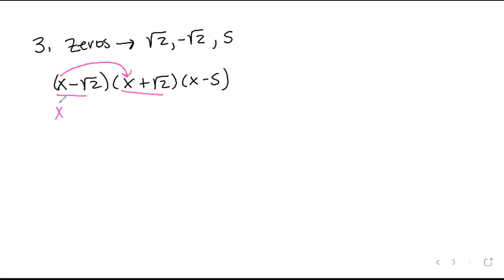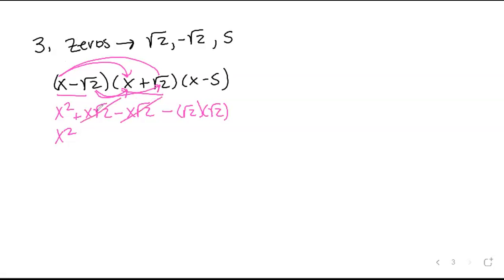So x squared, x times the square root of 2 would be positive x square root of 2. In the back, we're going to have negative x square root of 2. And then the last term, it's negative times a positive, so it's going to be negative, but we're doing the square root of 2 times the square root of 2. So our x squared is there.